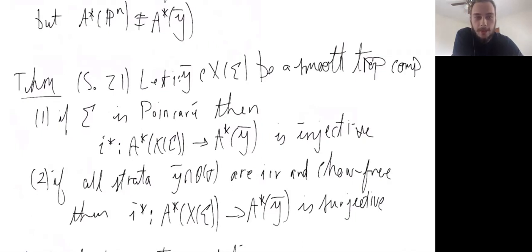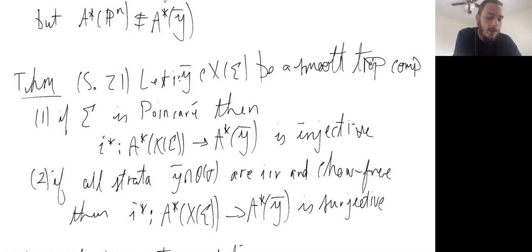I showed you there that if the fan is Poincare, then the pullback map is injective, and if all of the strata are irreducible and Chow free, then the pullback map is going to be surjective. So this gives a criterion for these Chow rings to be the same, which the way I've written it makes essentially a trivial statement.